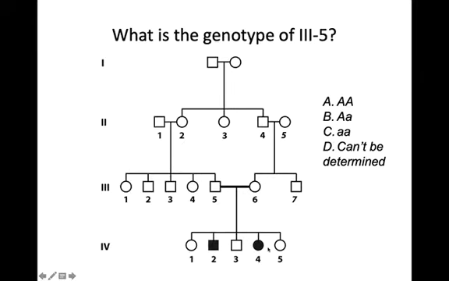But this means that because these individuals have this mutation, if they're big A little a, for example, then that would mean that the parents had to have been heterozygous. So the best answer here would be B, big A, little a, for individual 3-5.